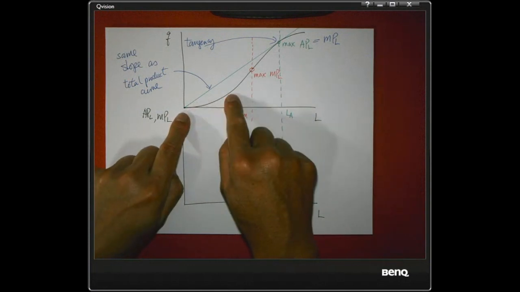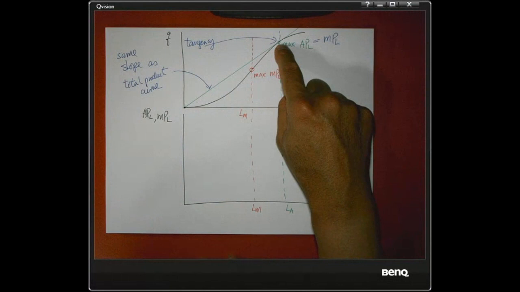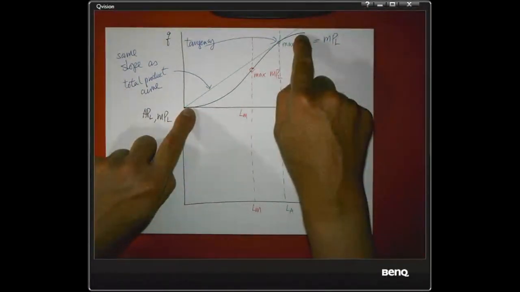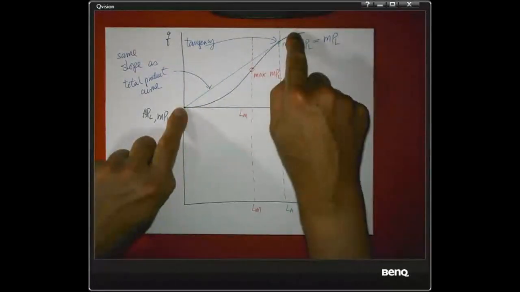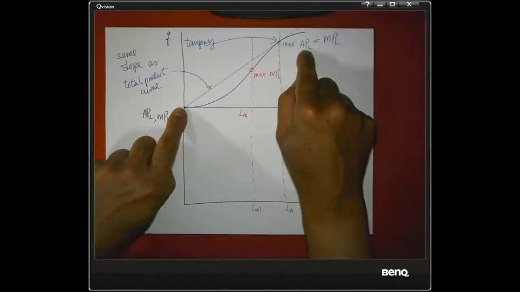So in here, what we see is this is the tangency point. That means the slope of the total product curve is the same as the slope of this straight line. The slope of the straight line is the average product.